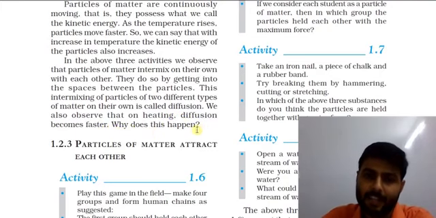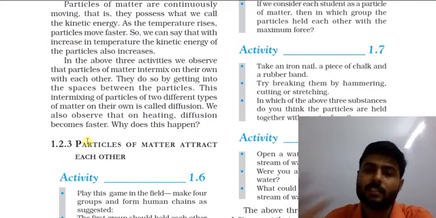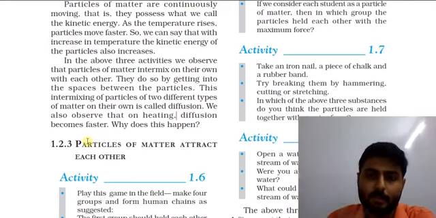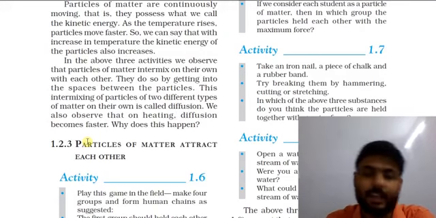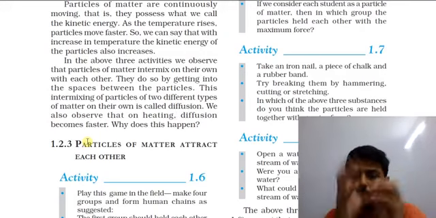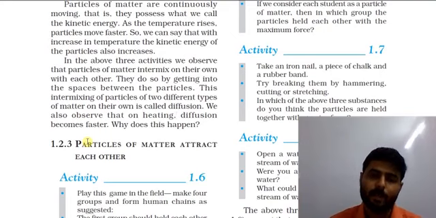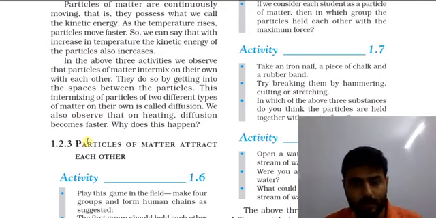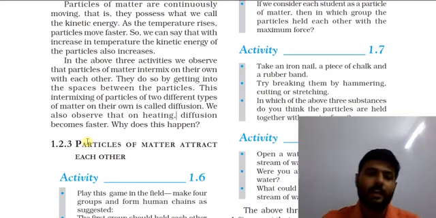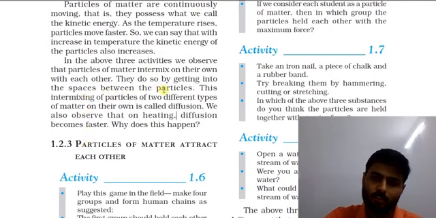Because by giving heat, the particles of matter get energy, and by getting this energy, they have more energy to settle between other particles of matter. So we have one term called diffusion, and here we have the definition of diffusion.